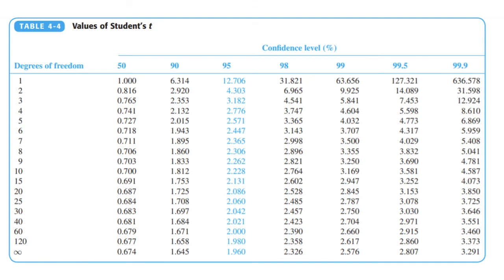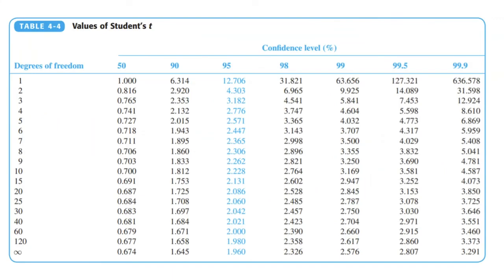What you're going to do is figure out how many are in the data set, because you need to figure out the degrees of freedom. So remember, degrees of freedom is always n minus 1. So that's going to be n minus 1 right here.